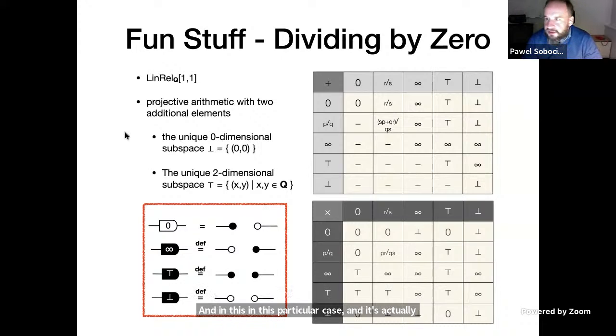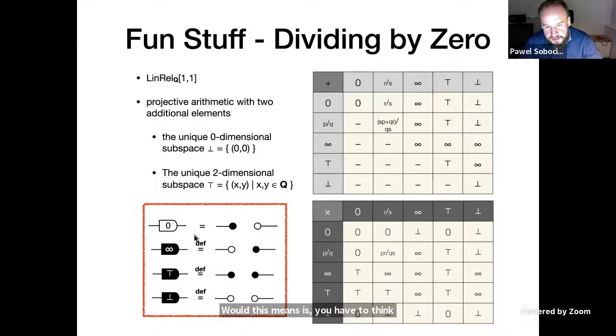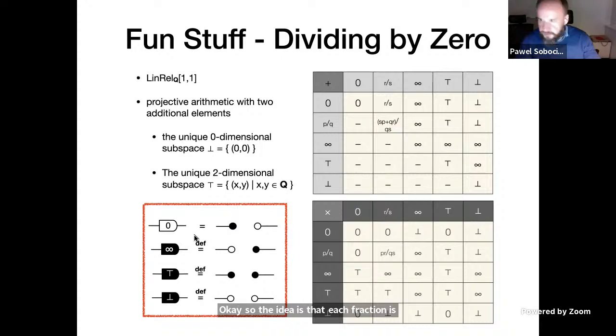If I want to look at the entire algebra of one-to-one diagrams, I have all the fractions, I have 0, and I have these 3 additional elements. If you want to get an intuition for what this means, you have to think of projective arithmetic. You remember projective arithmetic: we think about numbers which correspond to lines through the origin in a plane. Each fraction is a line, with the fraction as its tangent.